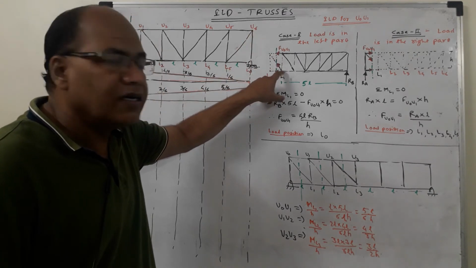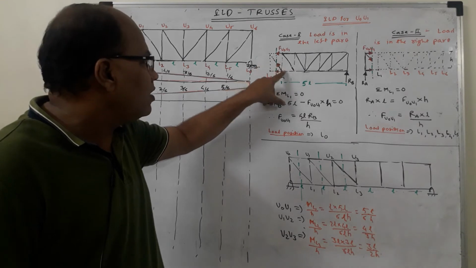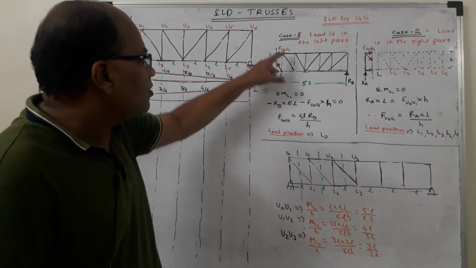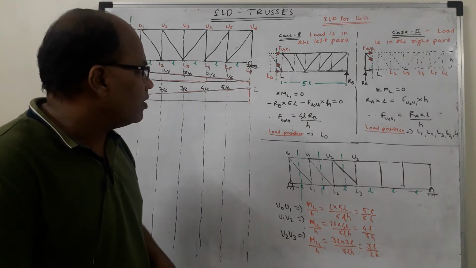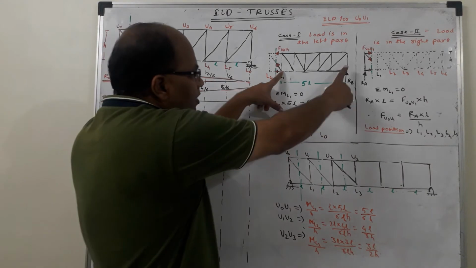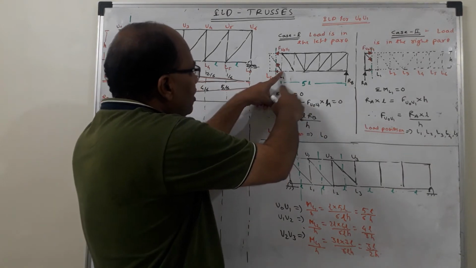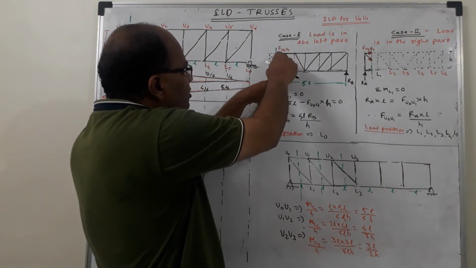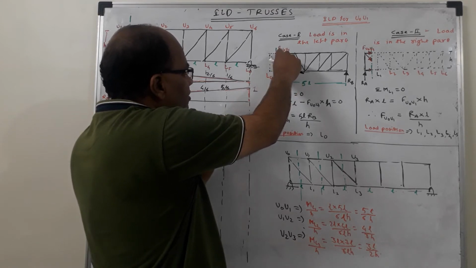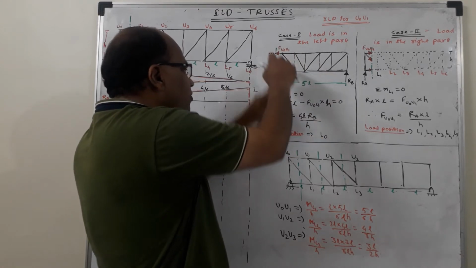Yes, they are meeting at L1. So L1 is the point about which the moment is to be taken because I want the force F U0 U1. When I take the moment over here, there are two forces: RB into distance 5L, and F U0 U1, the force in that member, into distance, and this height is h. Now both are anti-clockwise in nature.